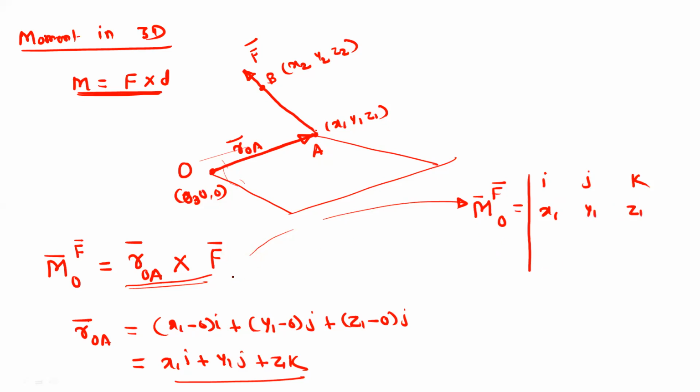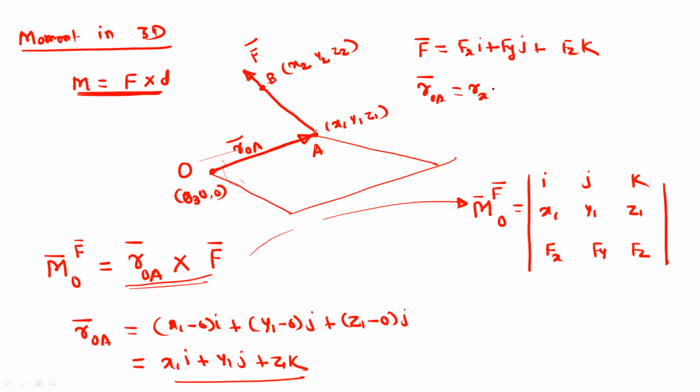The force vector has components fx, fy, and fz. So in general form, A bar is equal to fxi plus fyj plus fzk, and position vector r bar is represented as rxi plus ryj plus rzk.